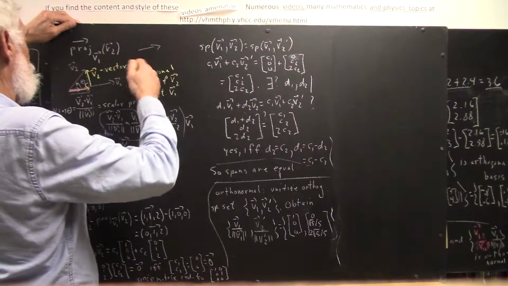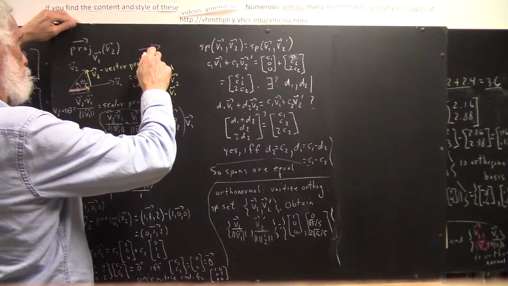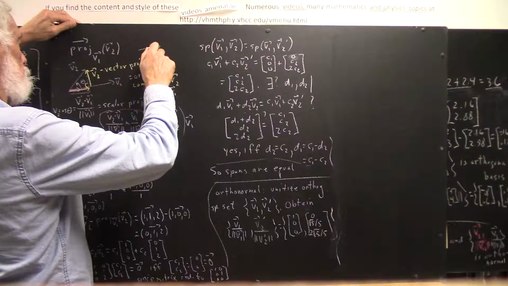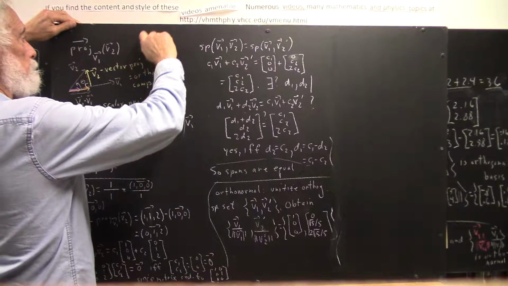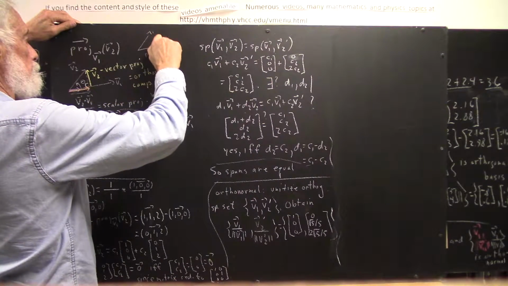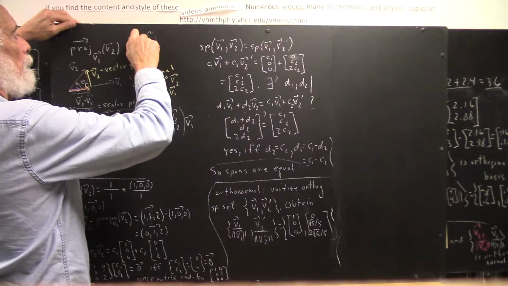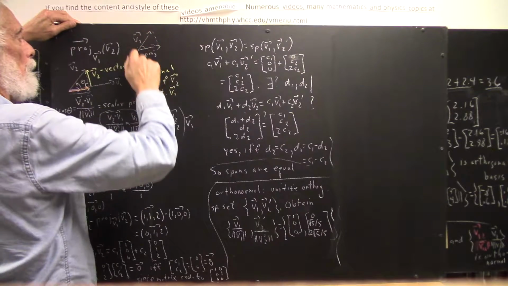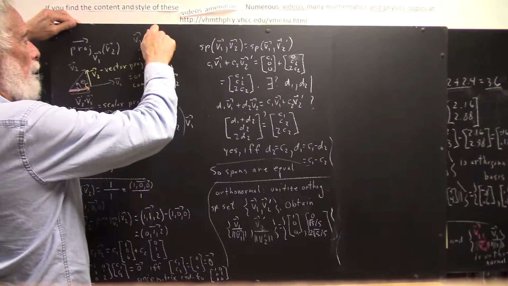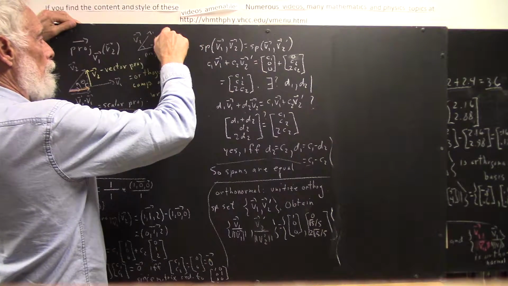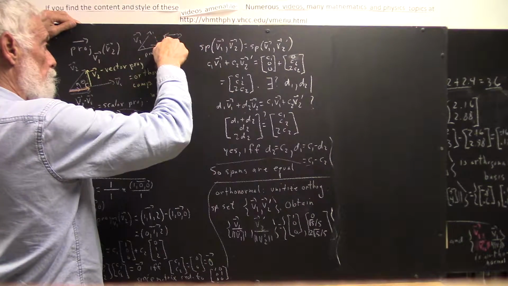In this case, if this is your projection, then we have this triangle. Here's your V2, and if we do V2 minus the projection, what we're doing is V2 and minus the projection gives us this vector here.